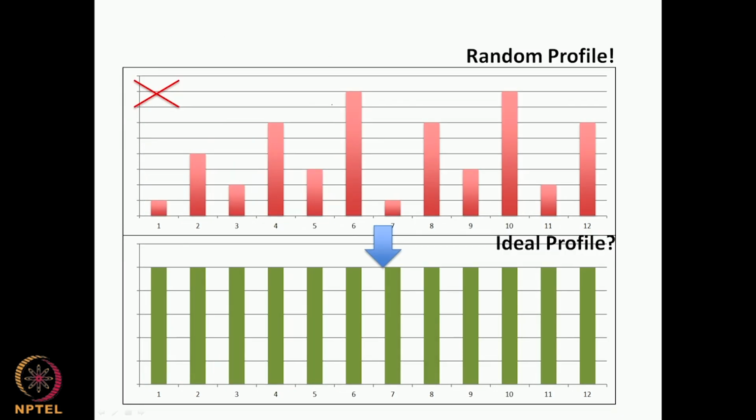Okay, and one thing we want to say, when we are going towards the ideal profile which is rectangular, if you don't try to profile your resources, you might land up with what we are showing here as a random profile. If my resources are going to do this, it is going to be extremely difficult to manage, and you certainly don't want this.